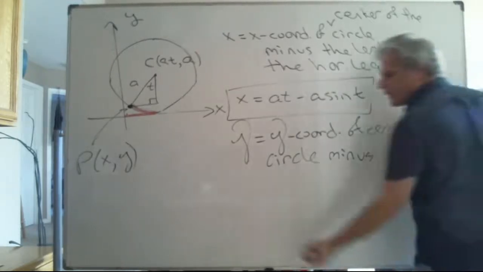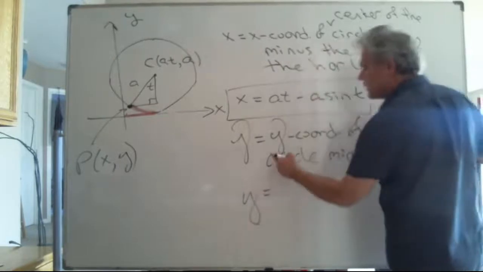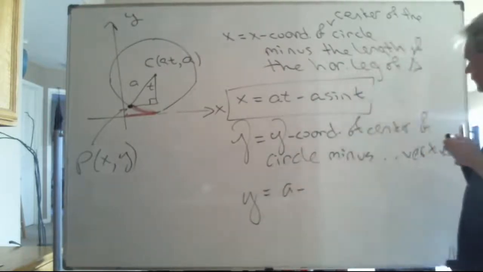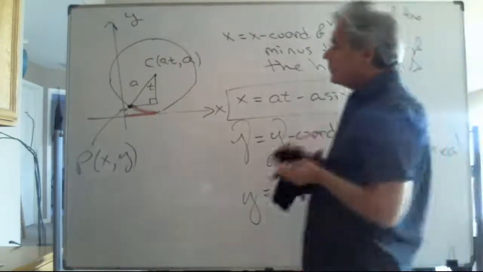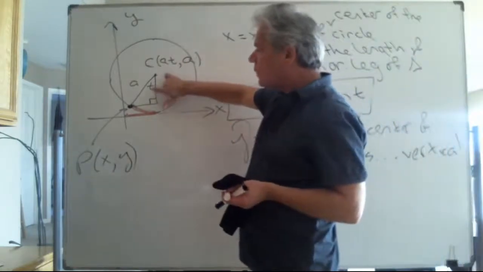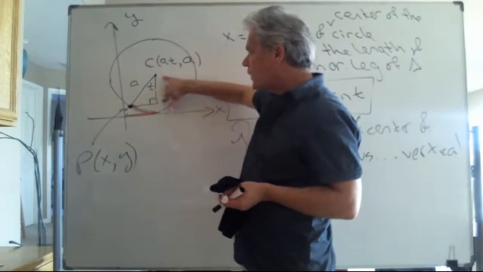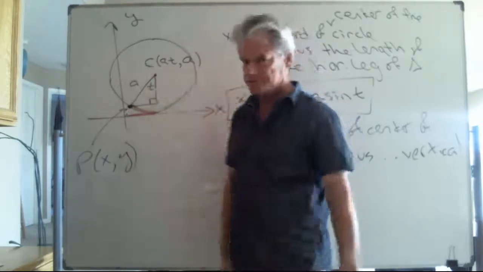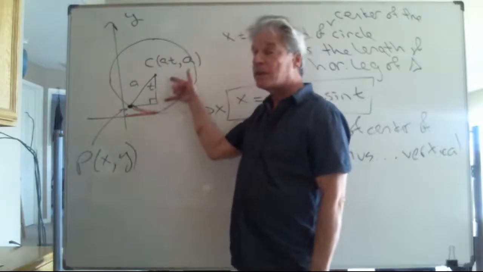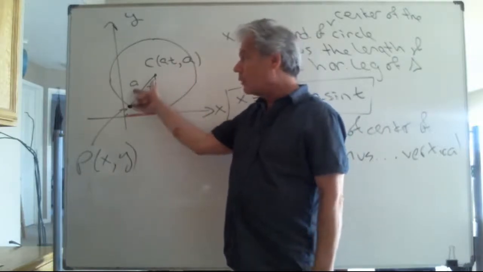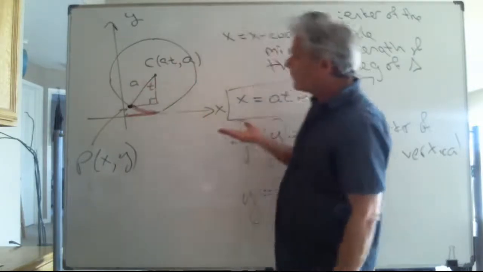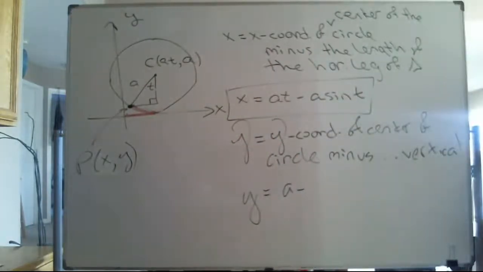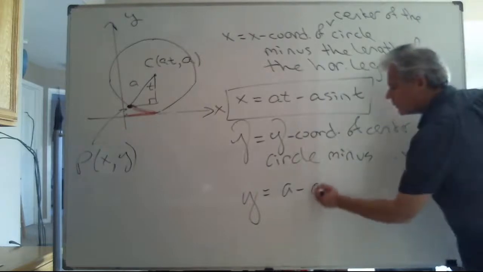And so I can represent y as the y-coordinate of the center, which is a constant, minus the length of the vertical leg of the nifty little right triangle. Certainly the cosine of T is going to be the length of the vertical leg over A, but that basically implies that the length of the vertical leg of that right triangle is A times the cosine of T.